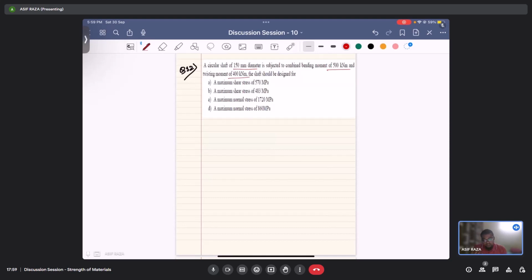You just need to see what it should be designed for, whether the maximum shear stresses or maximum normal stresses. So for this question you just need to find the equivalent bending moment and then find the maximum shear stress and maximum normal stress and see which of them matches.